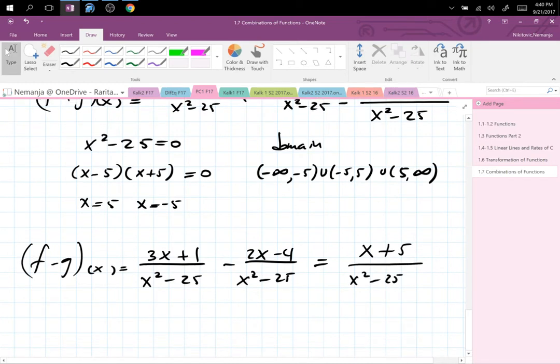And this is where you have to be careful, because the denominator breaks into (x plus 5)(x minus 5). That one cancels, right? It's still a break in the domain, even though it cancels, it's the open circle. So the domain is still negative infinity to negative 5, union negative 5 to 5, union 5 to infinity.